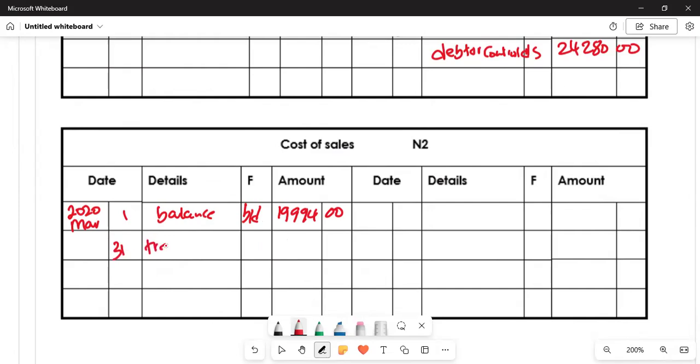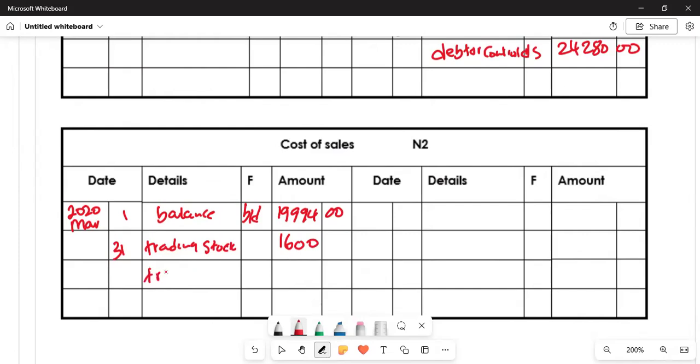Also, the 31st, you're going to have what? A trading stock. Going to debit our cost of sales with trading stock of how much? 1,600. Remember, we calculated 1,600 from our cash reception, where we said 50% of 3,200.